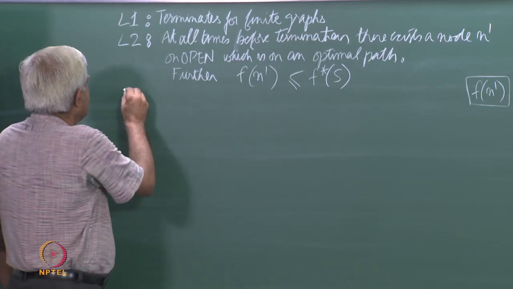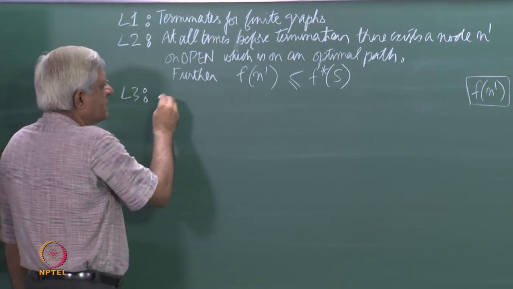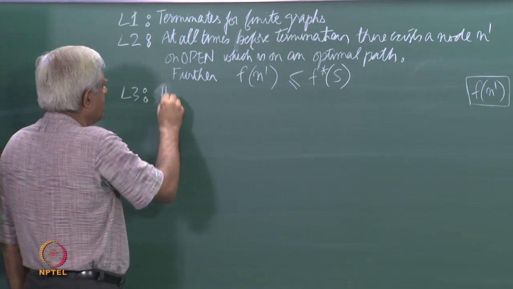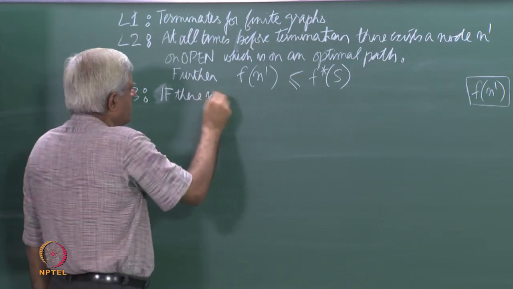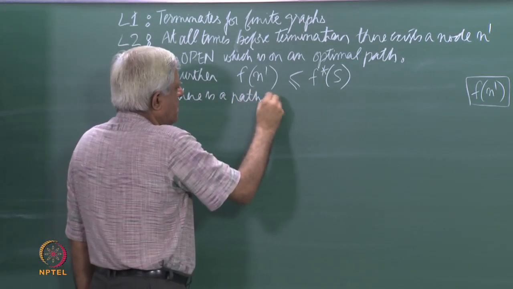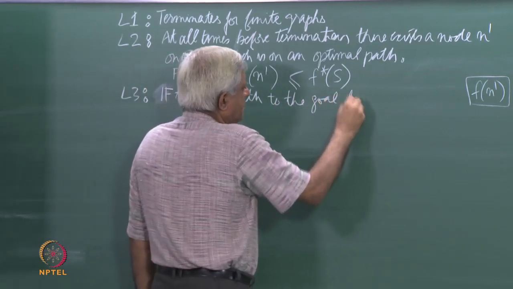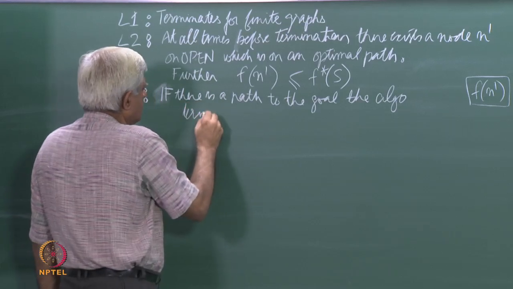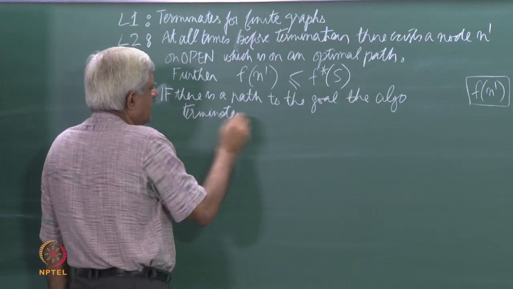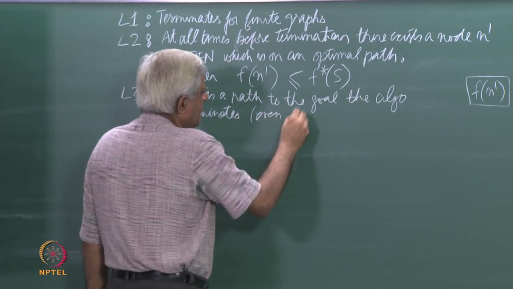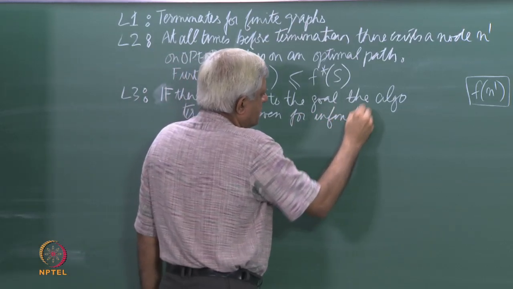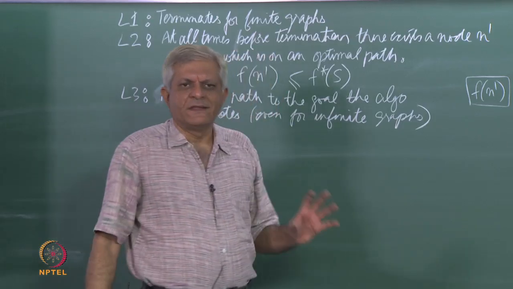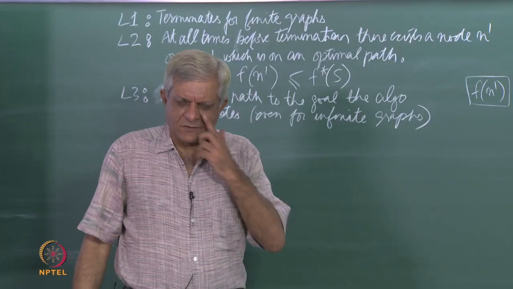Okay. Then the third thing we want to say is that the algorithm terminates if there is a path, and I should add even for infinite graphs. Remember that an infinite graph can only be that which has an infinite number of nodes, but with constant branching factor.